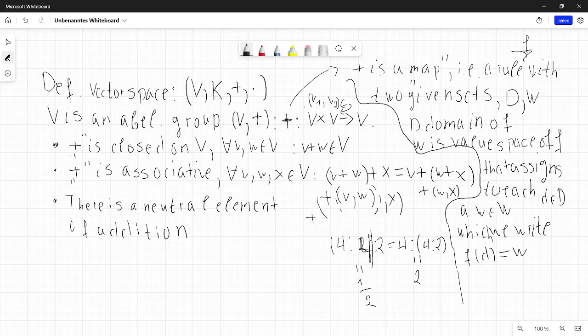It's just called 0, having the property that for all v in V, we get that v plus 0 is 0 plus v, and you can guess what it should give. It should give v again.